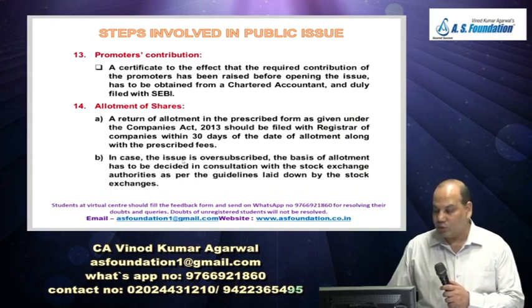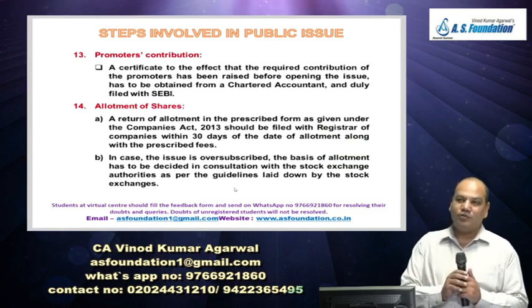In case the issue is oversubscribed, it happens sometimes. 1 lakh shares are offered for public, 2 lakh shares are applied for. The basis of allotment has to be decided in consultation with the stock exchange authorities as per the guidelines laid down by the stock exchange.